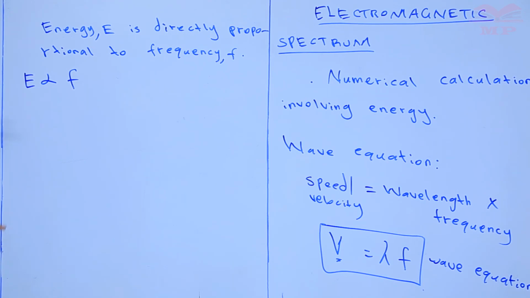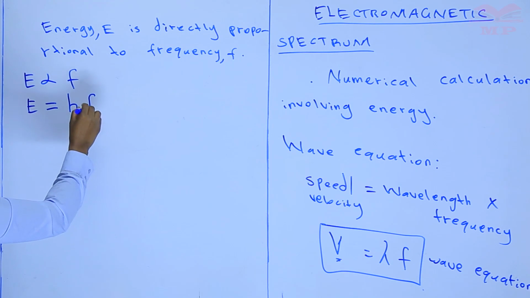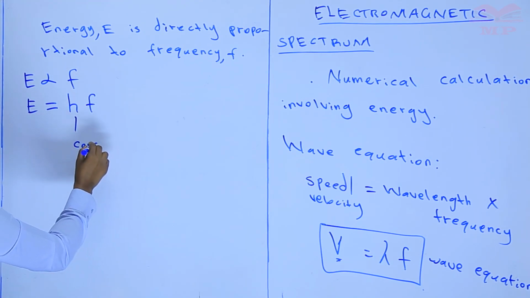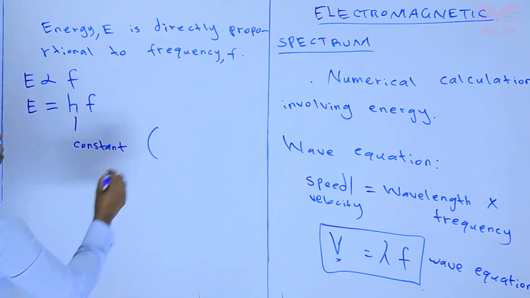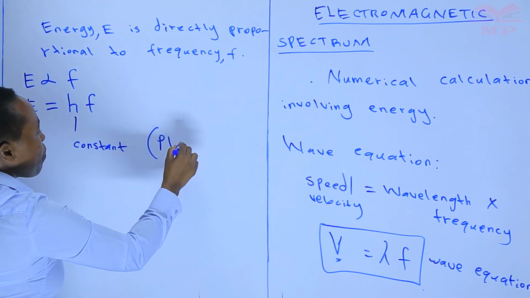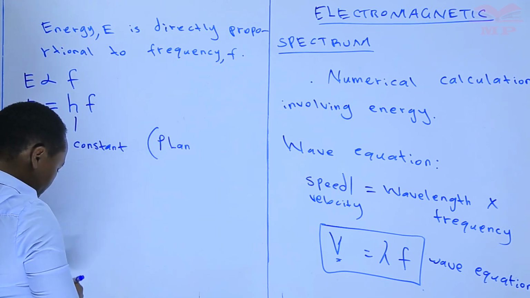From mathematics, when we want to remove the sign of proportionality, we put an equal sign and introduce a constant. So E is equal to a constant, represented by letter H, multiplied by frequency. This H, our constant, is referred to as the Planck's constant.